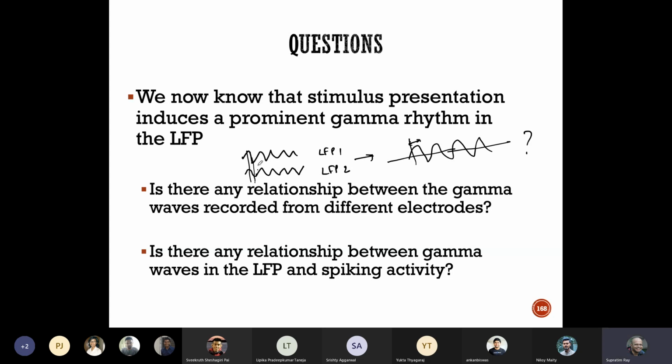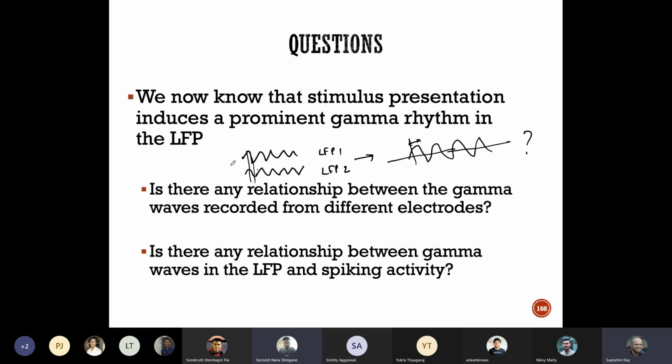So how do I measure whether this phase is consistent across trials? Whether the two LFPs are maintaining some sort of a particular phase relationship? A convolution between time frequency of both of this LFP1 and LFP2. Convolution between time frequency. What do you mean by that?